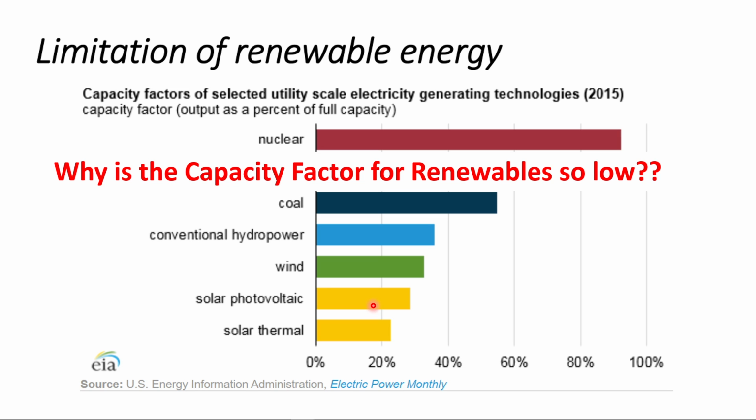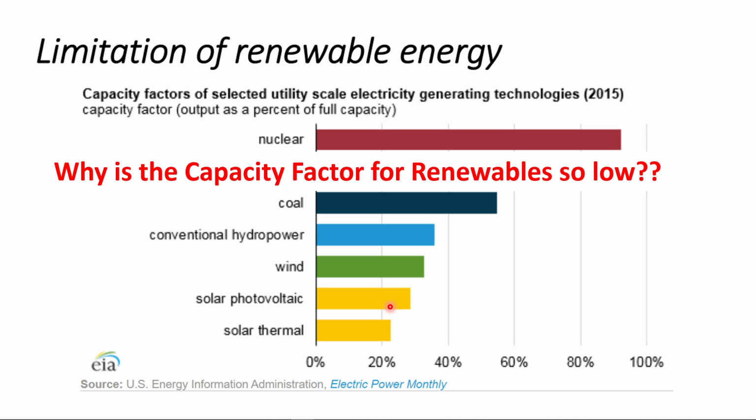Furthermore, there's another issue with curtailment. We're not going to go too deep into it, but the problem with wind especially is that curtailment is basically dumping power. The wind turbines are spinning and generating power, but the grid cannot absorb that power, and therefore the wind turbines have to be shut down. Why is that?